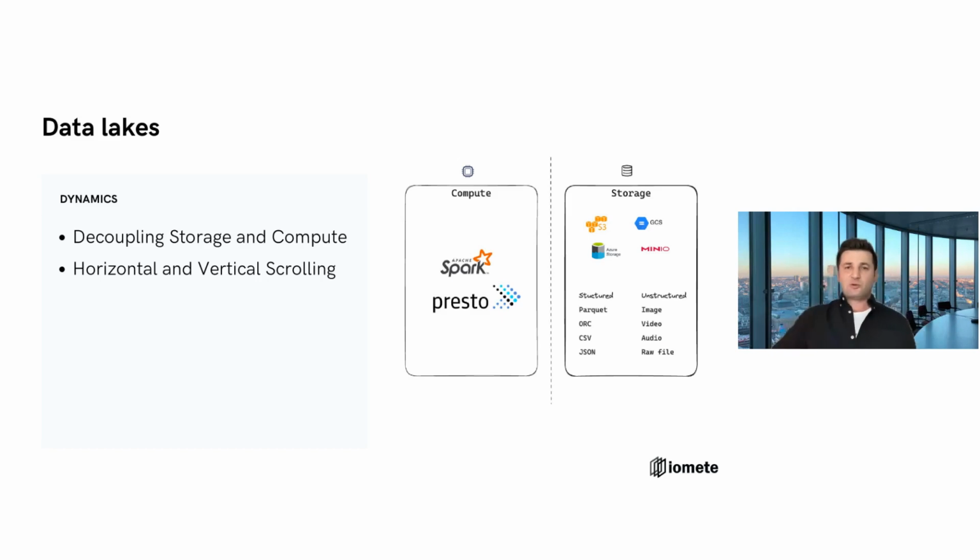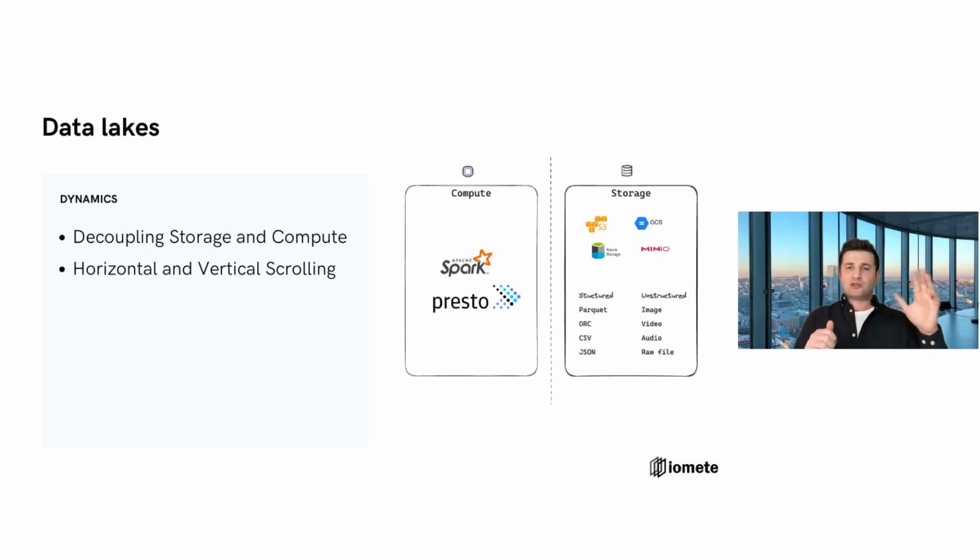So if you look at the new architecture, on the right side we see the storage, on the left side we see the compute side. This decoupling also made the industry invent new technologies specialized on these specific functionalities.